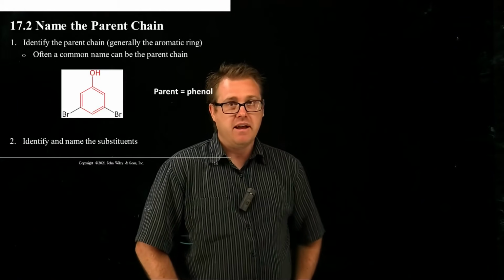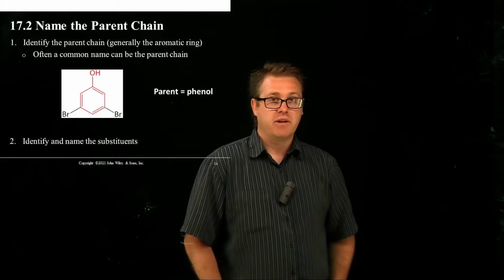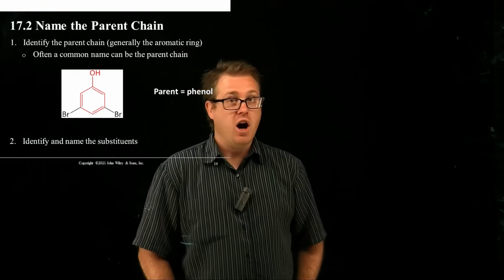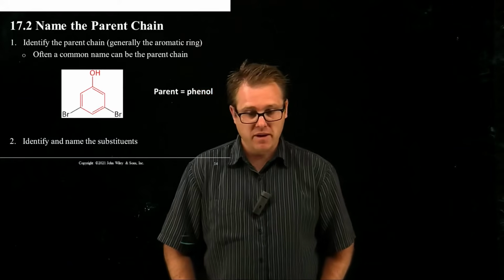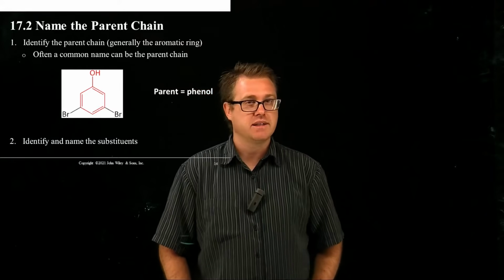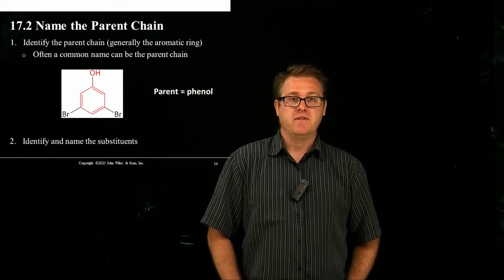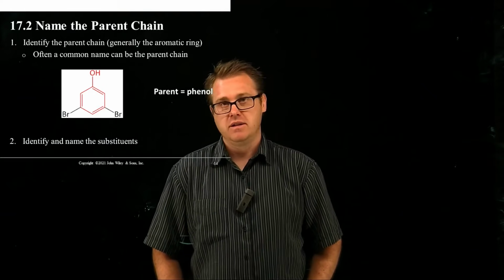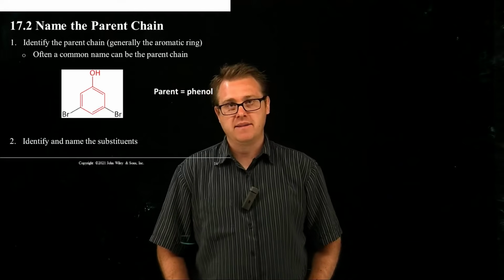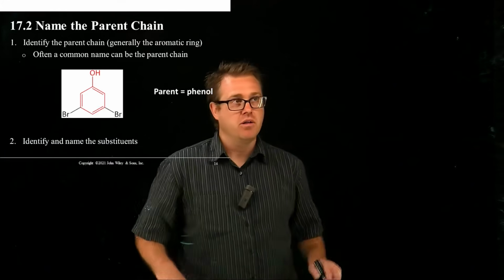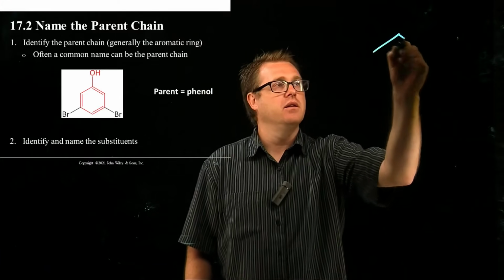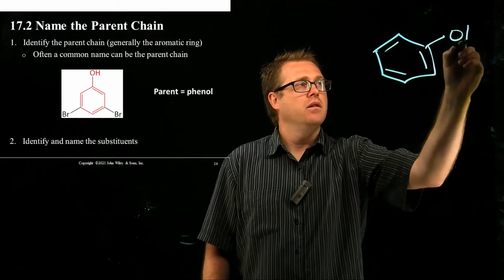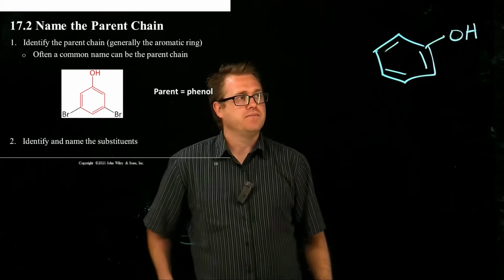So there's our molecule. How do we name it? When we look at that molecule, are we going to name it a benzene or a phenol or a common name? When we look really carefully, you see the molecule is in red. It is a phenol because of that hydroxyl group, the OH. When you have an OH on a benzene ring, the common name for that molecule is phenol.